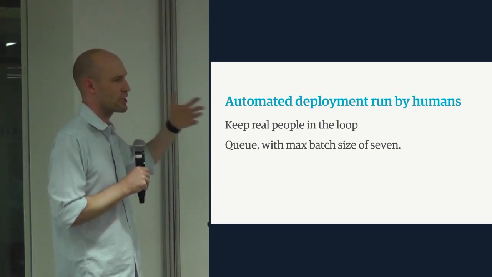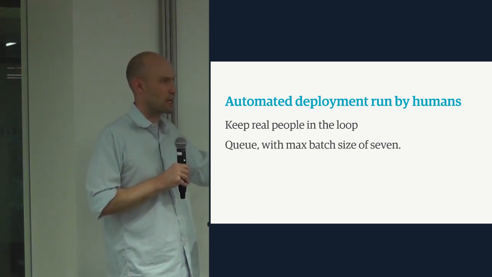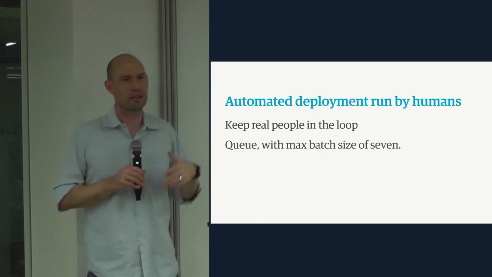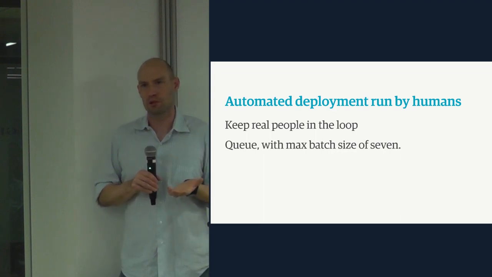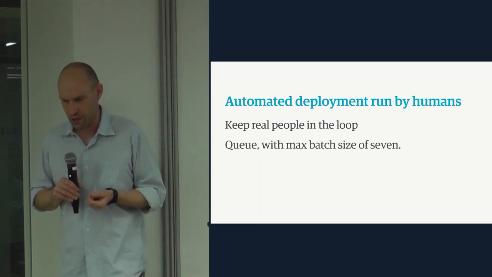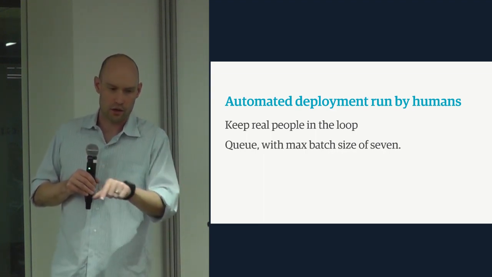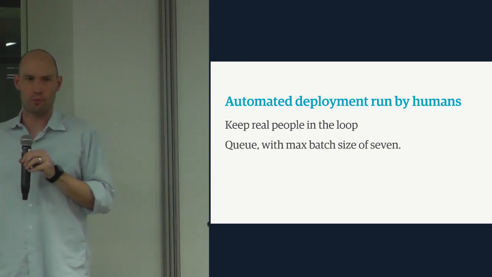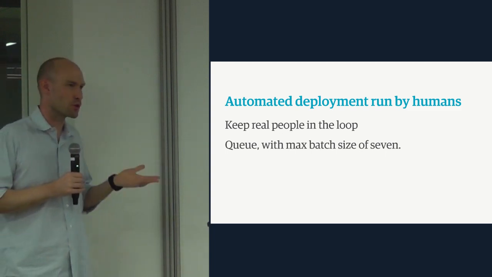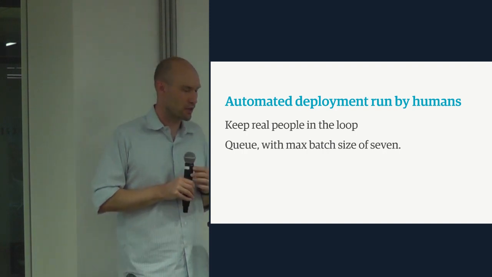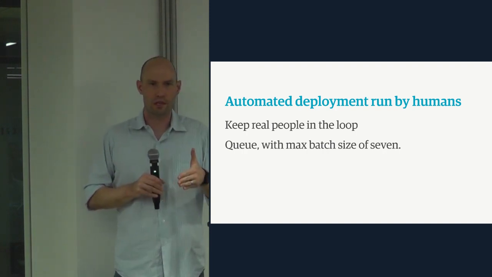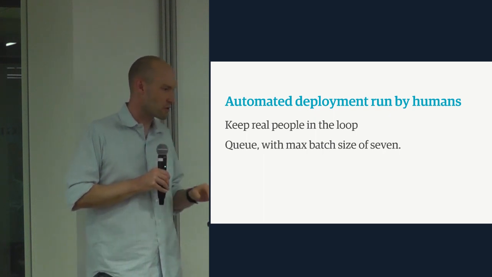It goes through a system of canary pools and health checks to make sure that that's stable and then continues to deploy afterwards. We wanted to keep real people in the loop. We wanted to avoid the situation where I commit something and then I get up and go order my lunch and walk out and just assume that the tests are going to save me or something else in there is going to save me. So we wanted people to be involved at all points of this.